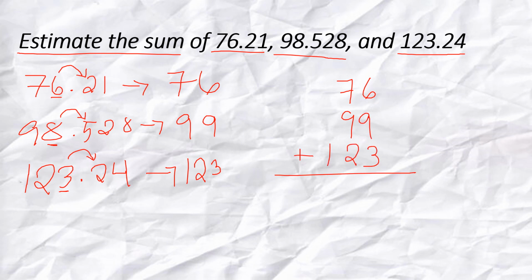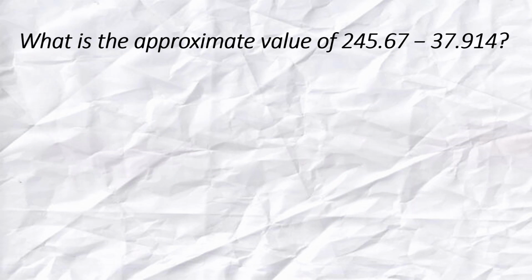So 6 plus 9 is 15, plus 3 is 18. Regroup 1. 1 plus 7 is 8, 8 plus 9 is 17, 7 plus 2 is 9, carry 1. 1 plus 1 is 2. So the answer now is 298.